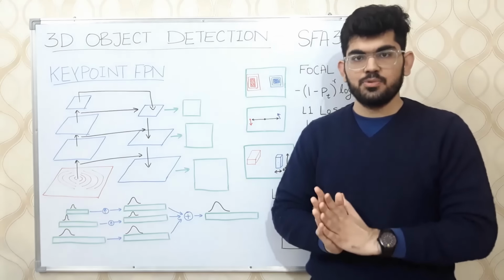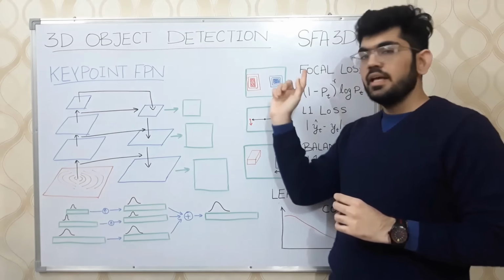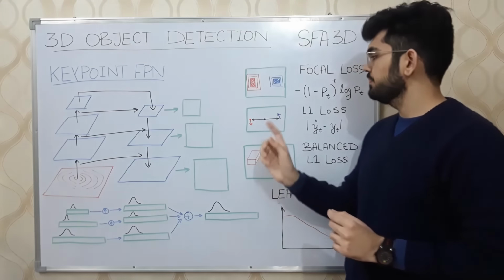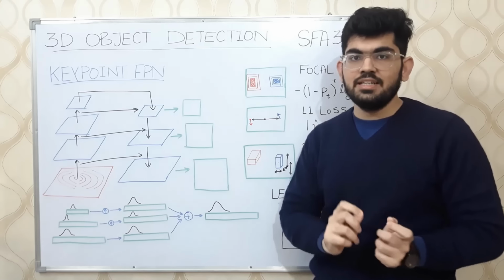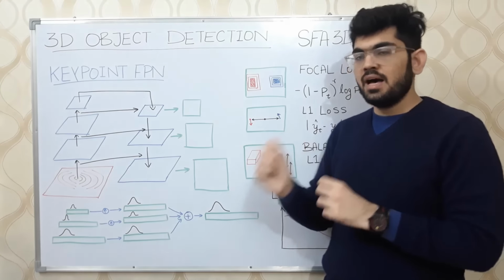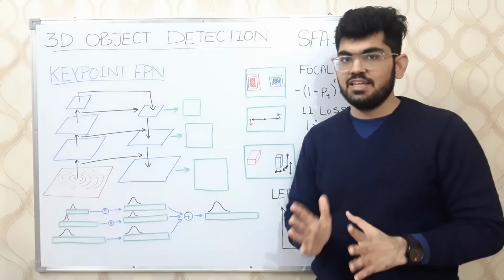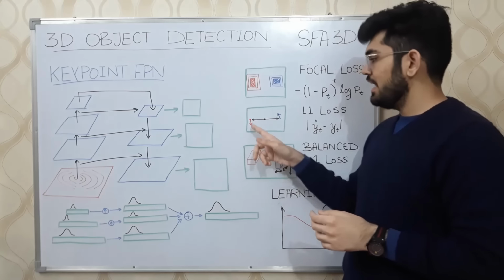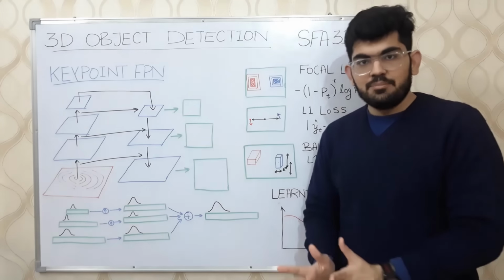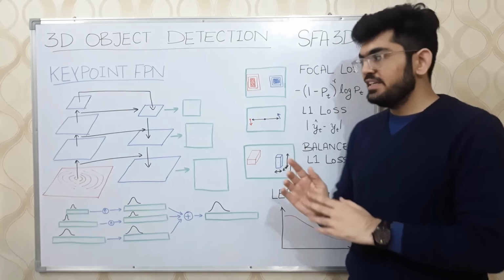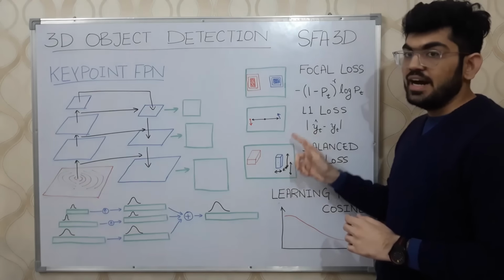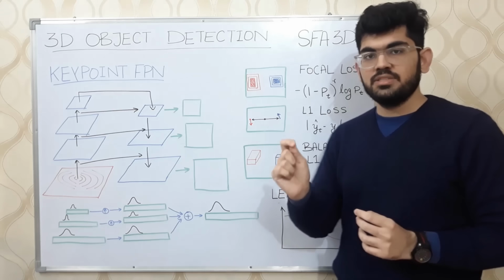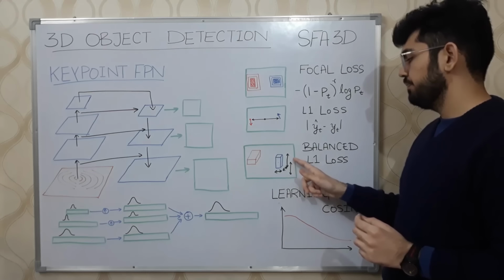These 7 outputs are heat maps of the different classes that are present in the image, the distance of the center of other objects from our ego car or the self-driving car, the angles in which the other objects are facing, the dimensions of the objects that we have detected, the length, breadth and the height, and the z coordinate of the center of that object, as we can see over here.